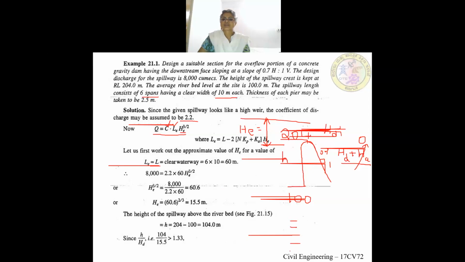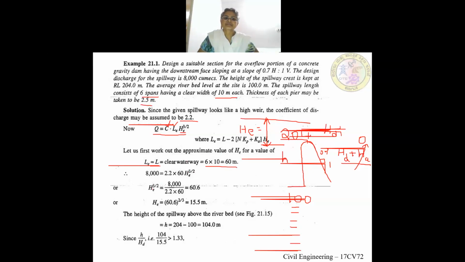The thickness of each pier may be given as 2.5 meters. So there will be 6 spans of 10 meters each. So 6 into 10, 60, will be the clear waterway.